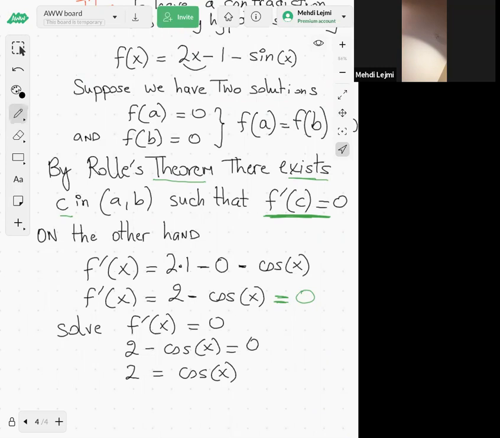Because cosine of any angle x is always between -1 and +1. So this is impossible, which means that there is no solution of f prime of x equal to 0.